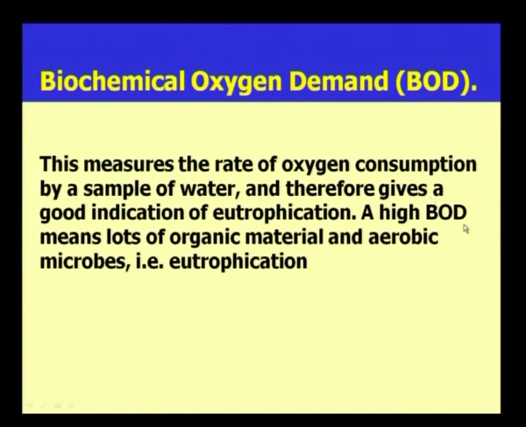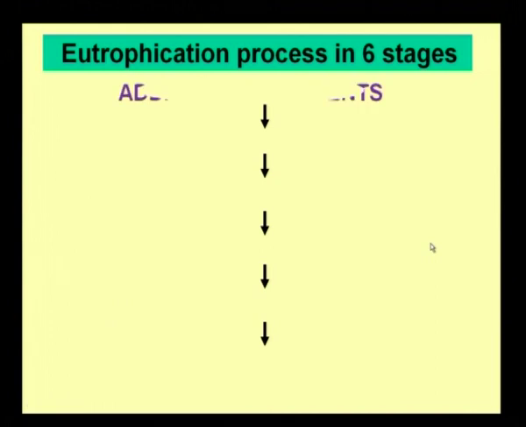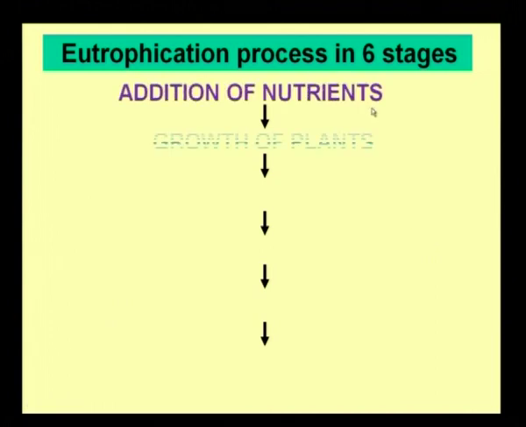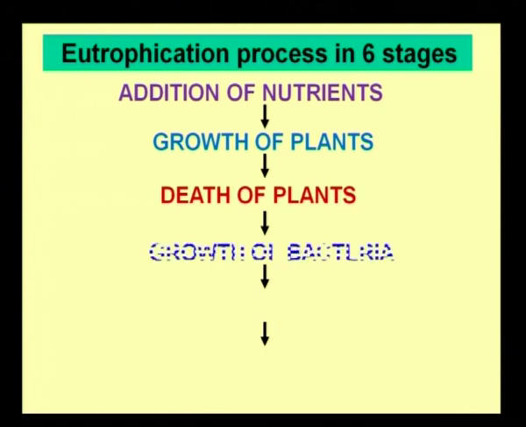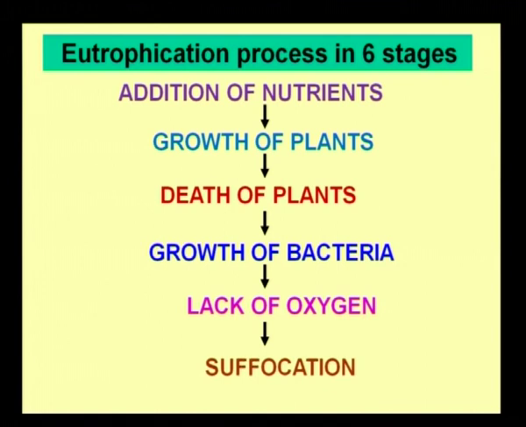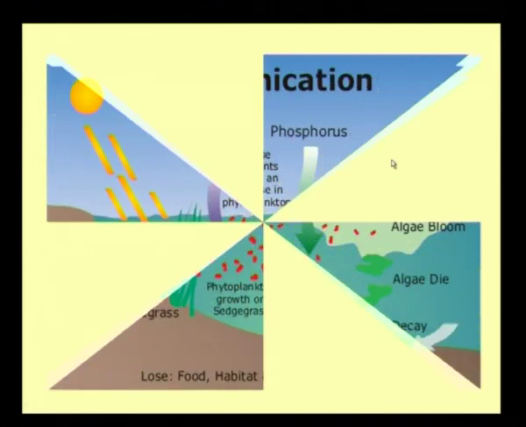A high BOD, that means a high biochemical oxygen demand, means lots of organic material and aerobic microbes, that means there is eutrophication: the addition of nutrients, growth of plants, death of plants, growth of bacteria, lack of oxygen and suffocation. So, these are all the various stages in the eutrophication process.